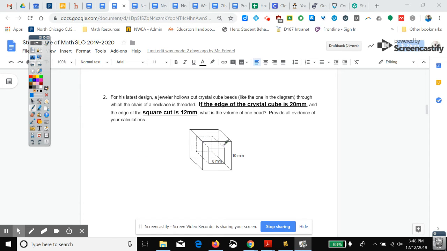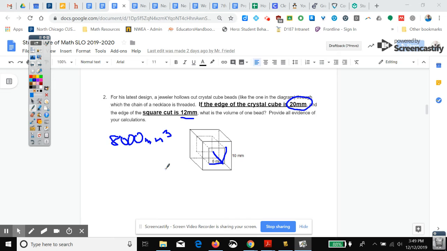The outside is easy because a cube is the same on all sides. So it's height times base times depth. It's 20, so it's going to be 20 times 20 times 20, and that would be 8,000 millimeters cubed. And then the square is 12 by 12, but this part is still going to be 20.